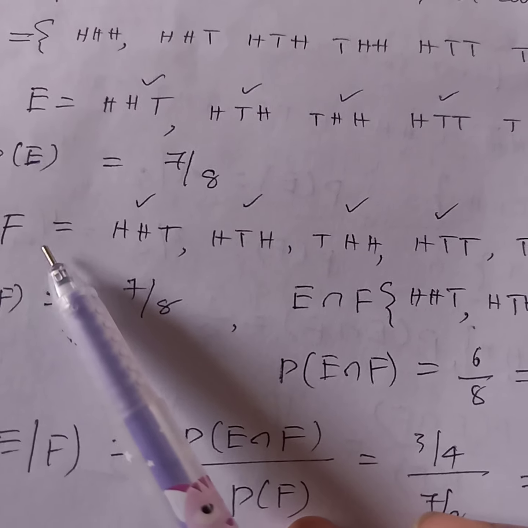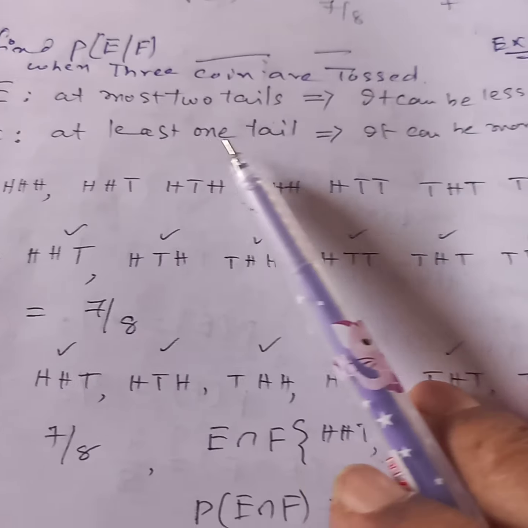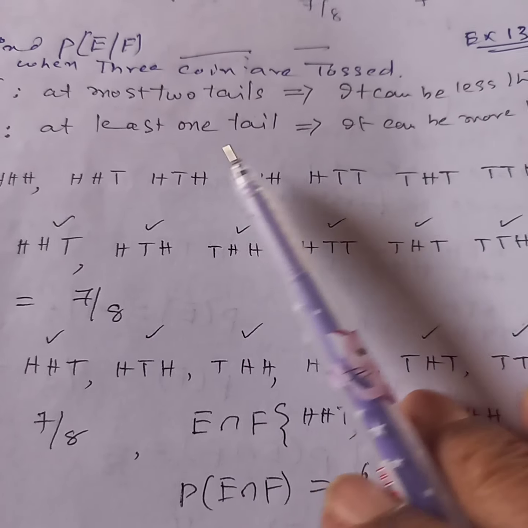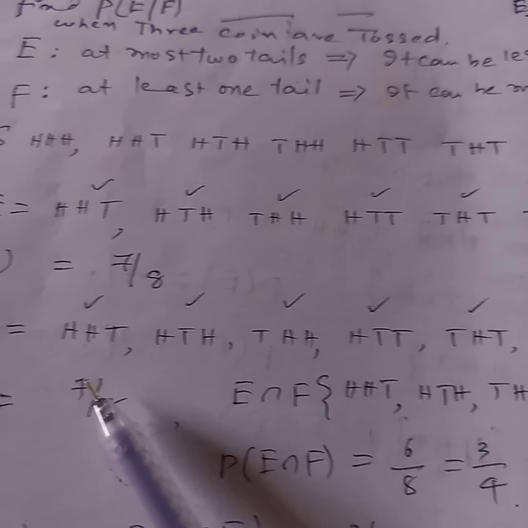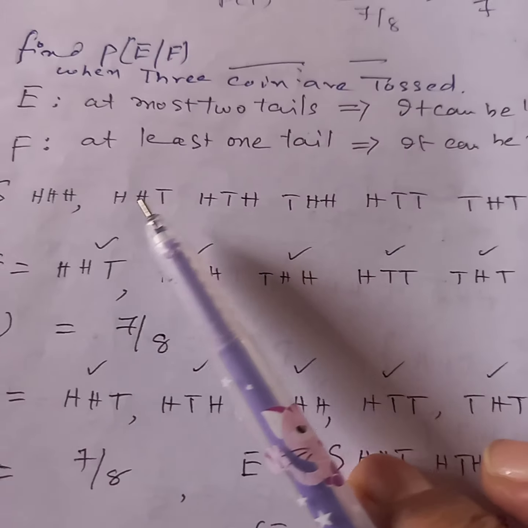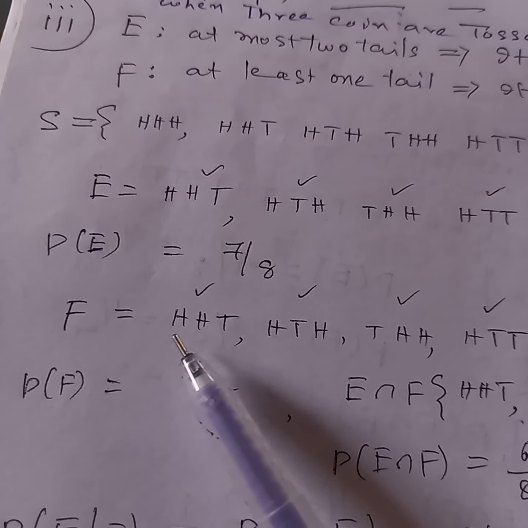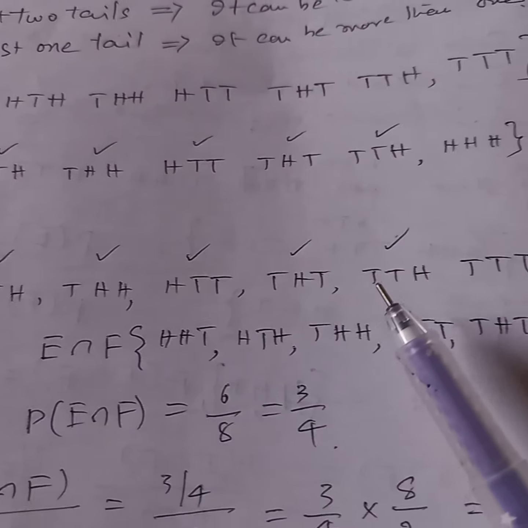It can be more than 1 also. At least 1 tail, not less than that. And you cannot have this, HHH. It does not have any tail at all. So in that way you have to collect.